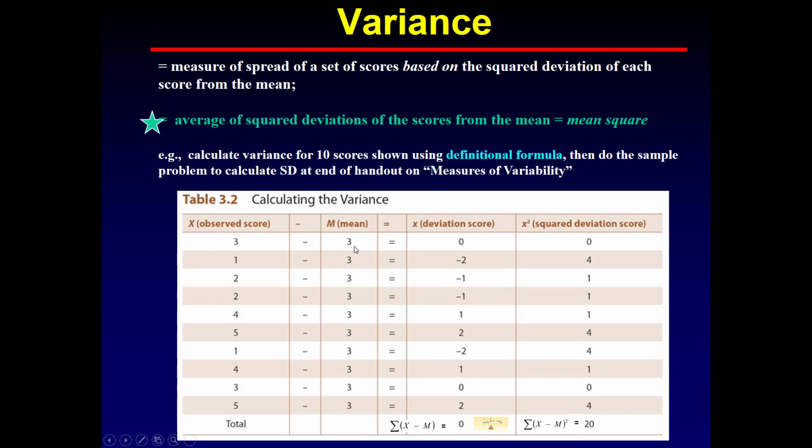We simply subtract one from the other, and we see that this score is right at the mean, not deviant at all from the mean. This score, on the other hand, 1 minus 3 is a minus 2, is 2 below the mean.